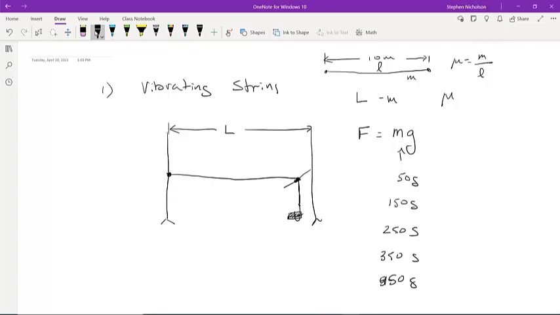Now what happens though when you put these masses on, this cord is going to stretch, and so when it stretches, the mass per unit length is going to go down. So we're going to measure the unstretched length from here to here, and then we'll measure the length from here to here and the amount that this part stretches.